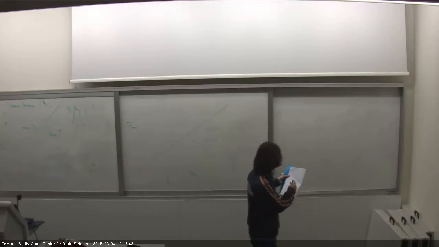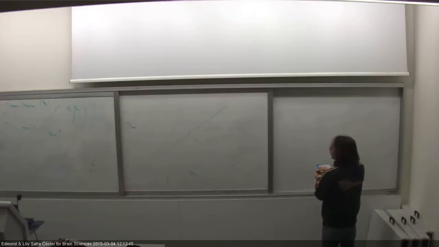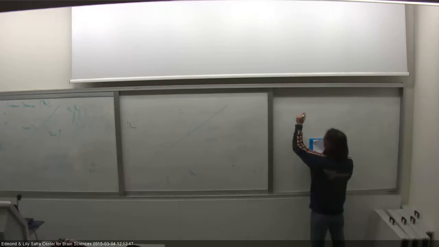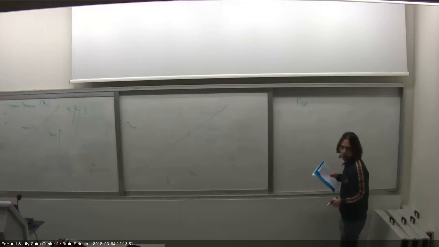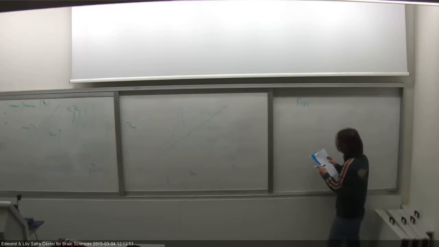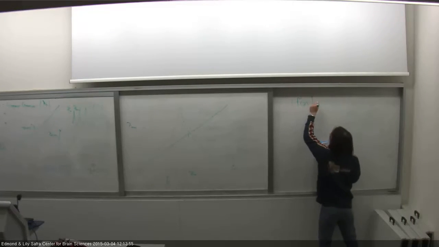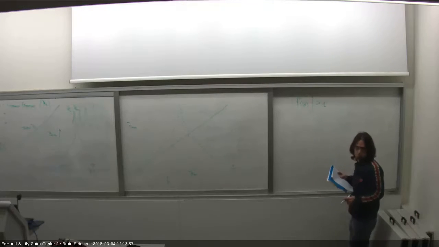And I noted the slope of the map will be called f prime of z. The slope in absolute value is always larger than 1.